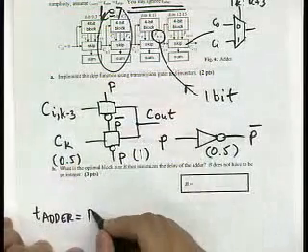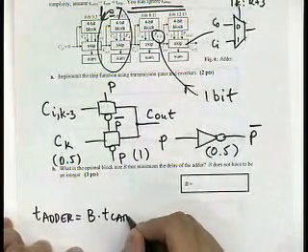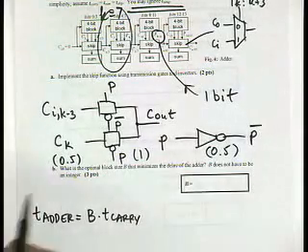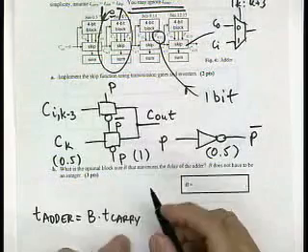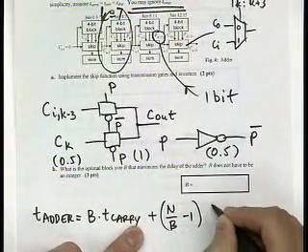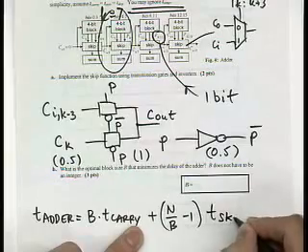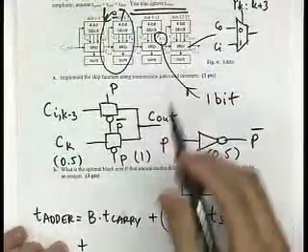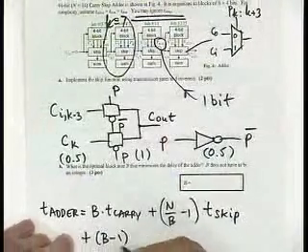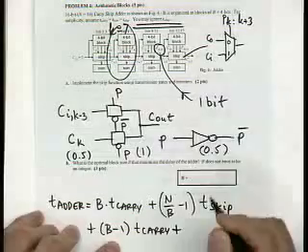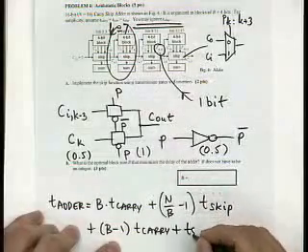So that is B times T carry. So you have to generate the carry at the first bit position, propagate through the rest. So you have n over b minus 1 times t skip. Then you come to the last block where you have b minus 1 times t carry plus final sum at the MSB.